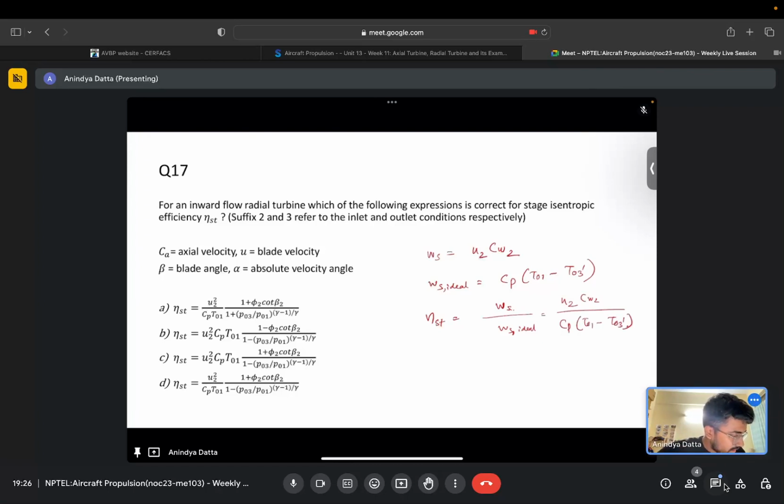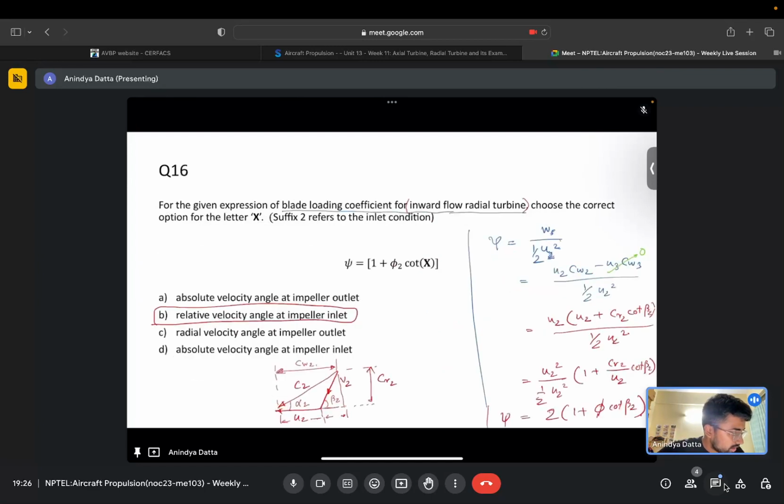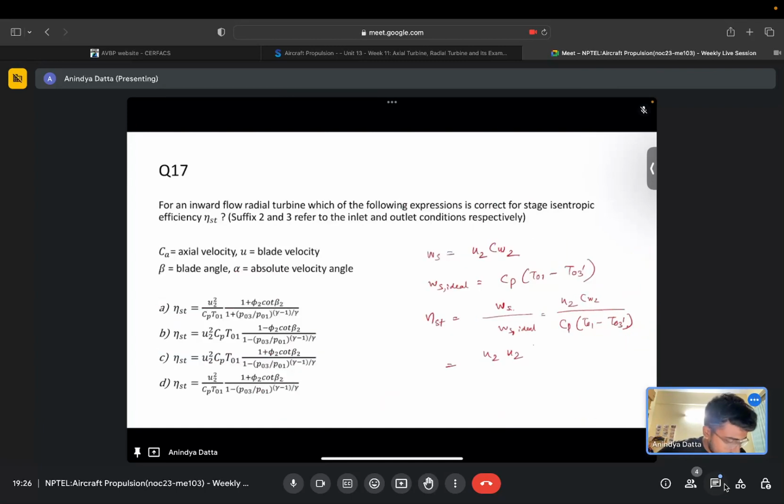And U2 CW2 we saw, CW2 is equal to U2 times (1 plus phi 2 cot beta 2).